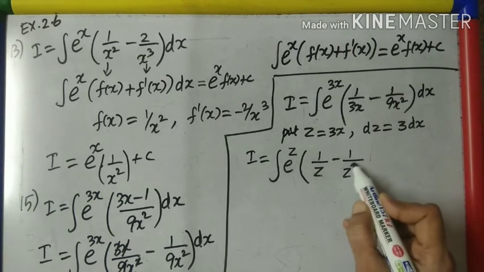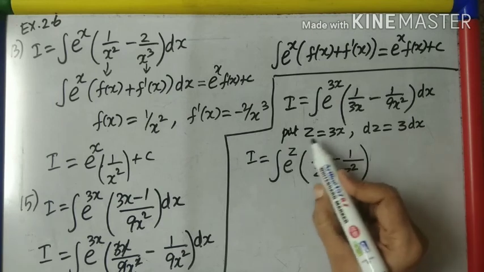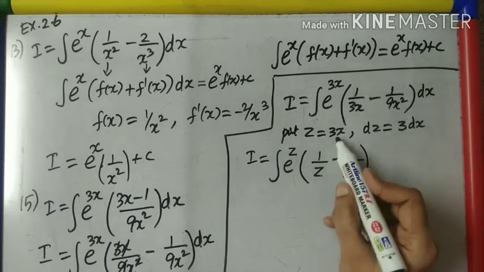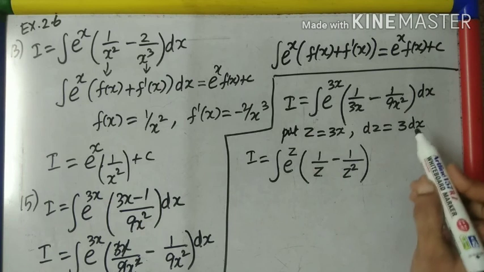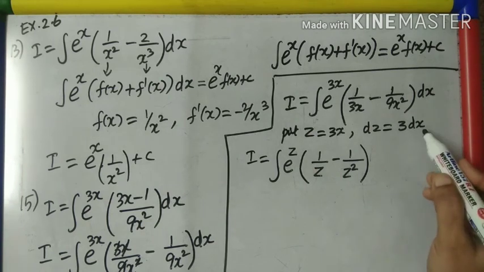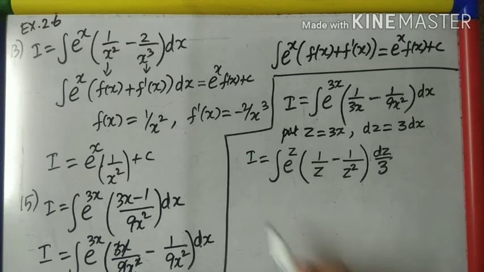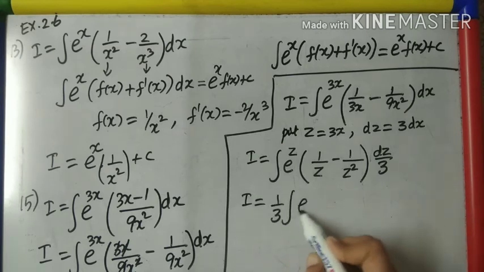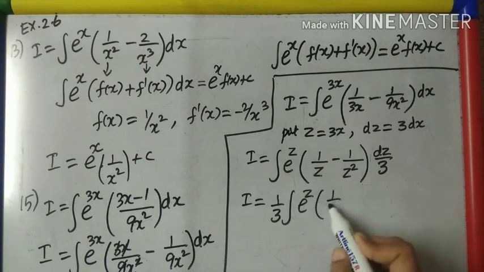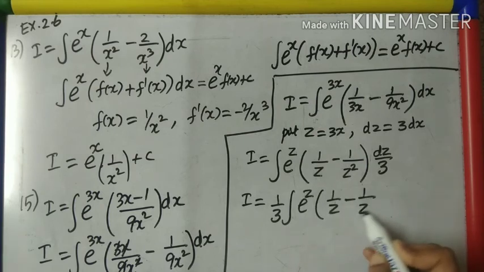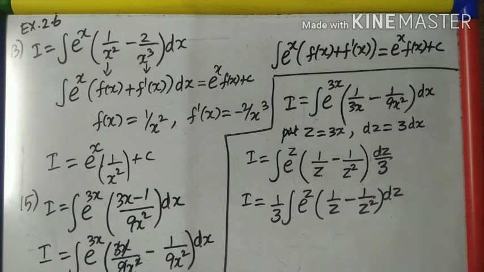So it is z square. 3x is z means 9x square will be just the square. Into dx I want. What is dx actually? dz by 3. So this 1 by 3 let us bring outside. What format is this? E power z, 1 by z minus 1 by z square dz.